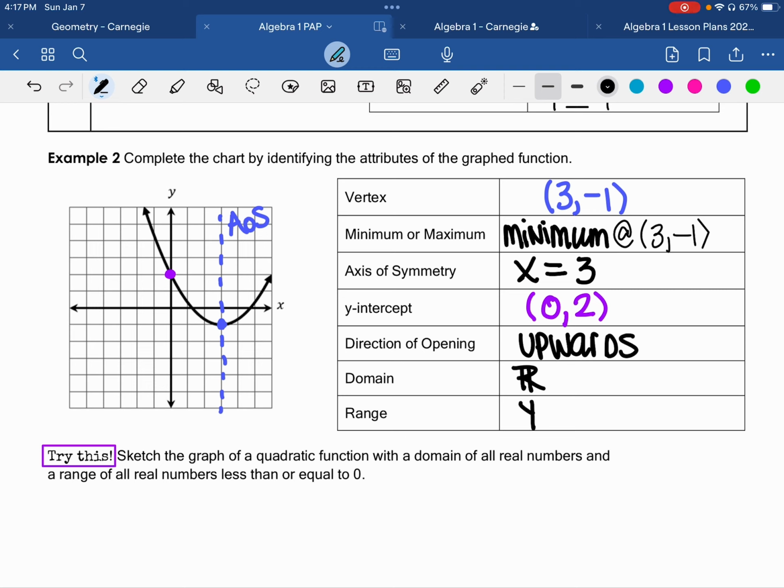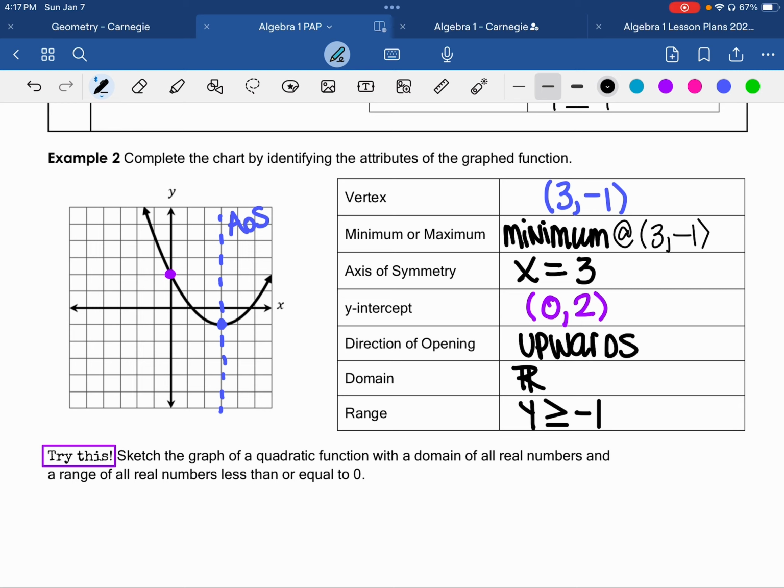And now remember, minimum means this is the lowest that I can go. So it has to be greater than or equal to. And I'm going to pick the y value of my minimum, which is the y value of my vertex. Go ahead and pause the video and see if you can answer the try this.